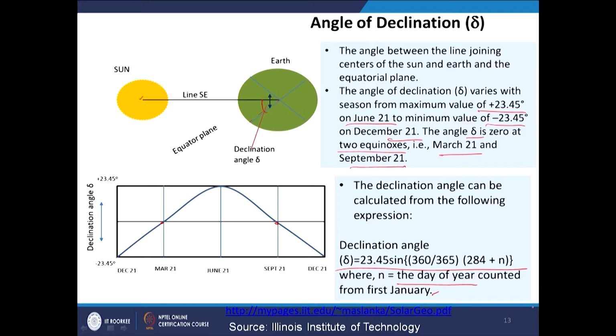If we put that here, we will get the value of del, and this value will also influence the solar radiation incident on a particular area of a collector.